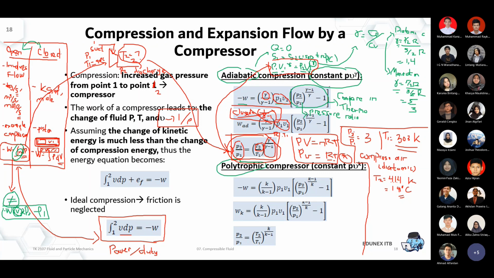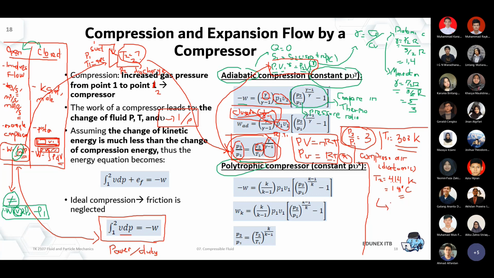So one of the reasons why the compression ratio is limited to around 3 for a centrifugal compressor is because the licensors and the users don't want the discharge temperature to be too hot. Okay, why? There are two obvious reasons.